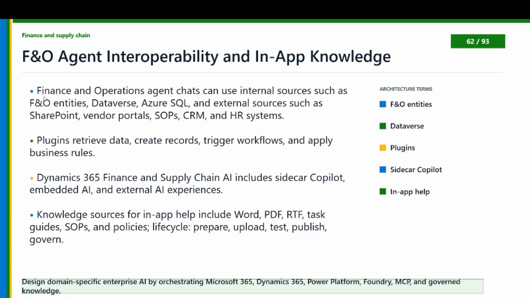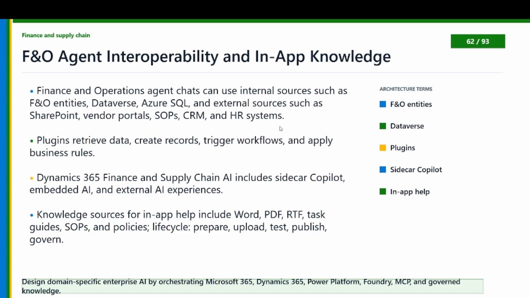So let's look at the points one after the other. Finance and operations agents can use internal sources such as finance and operations entities, Dataverse, and Azure SQL, and external sources such as SharePoint, vendor portals, SOPs, CRM, and HR systems.